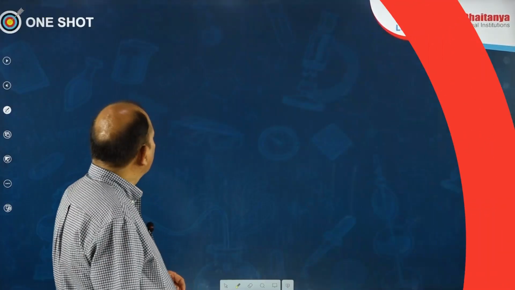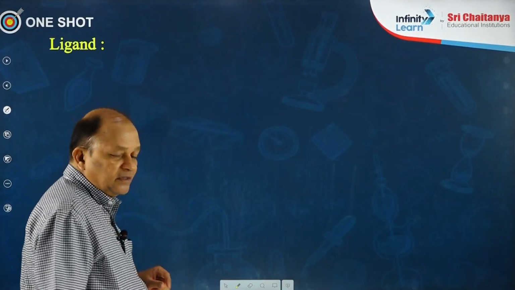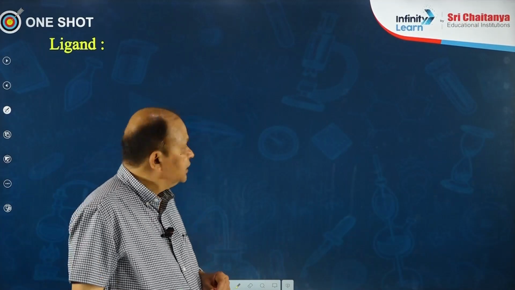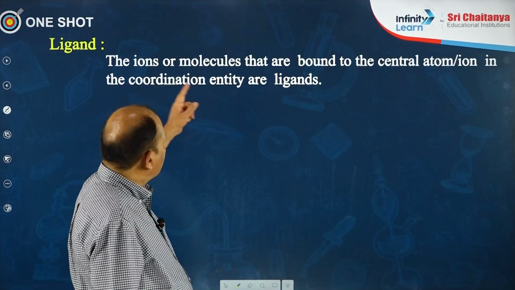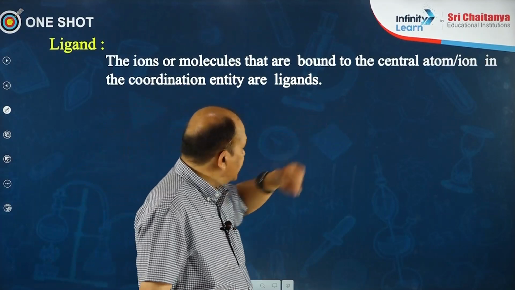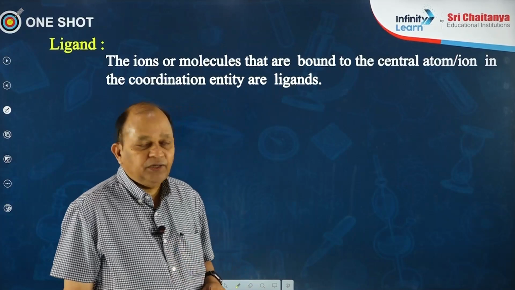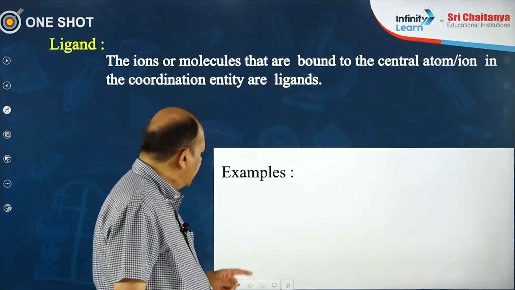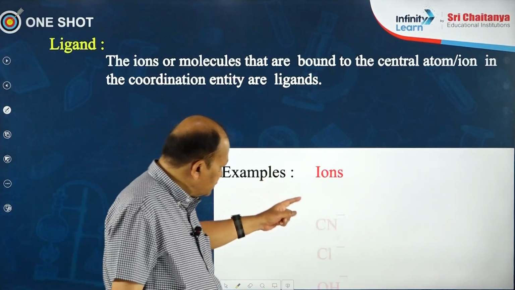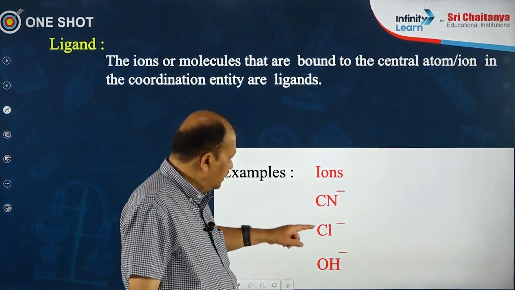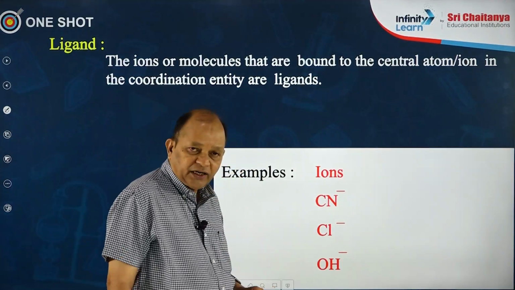Next, ligand is a very important term. Ions or molecules that are bound to the central atom in a coordination entity are called ligands. What actually happens here? There can be ions like cyanide ion, chloride ion or hydroxide ion.